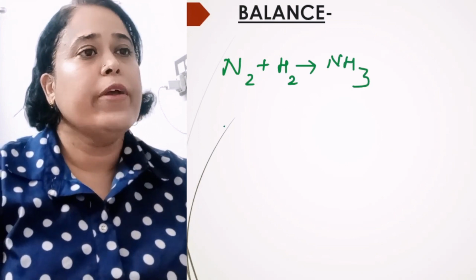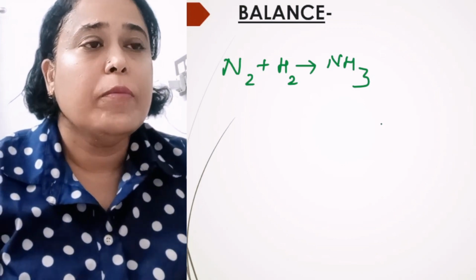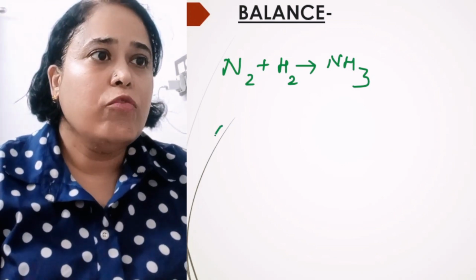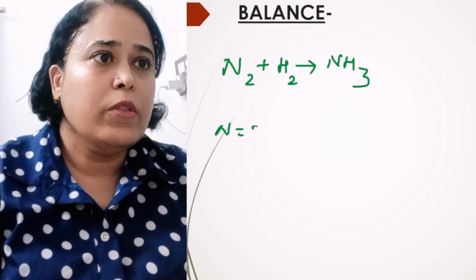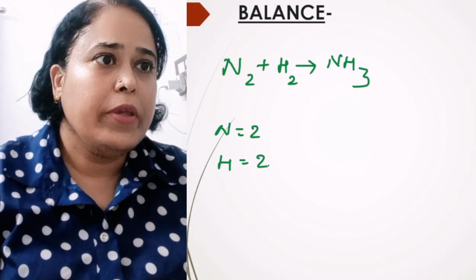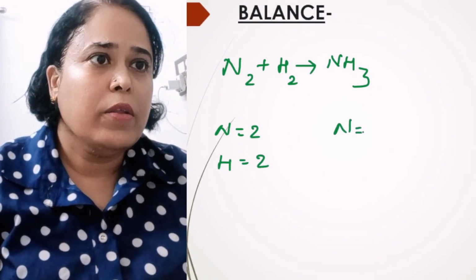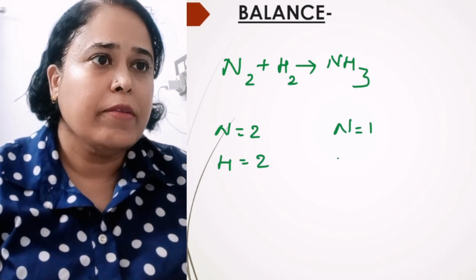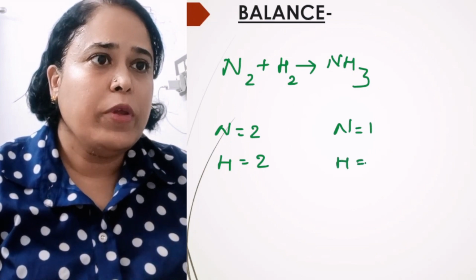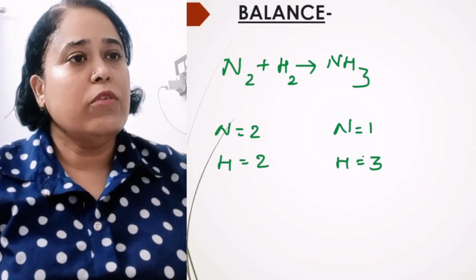Count the number of nitrogen and hydrogen atoms on the reactant side and the product side. Nitrogen is 2 on the reactant side. Hydrogen is 2 on the reactant side. Nitrogen is 1 on the product side. Hydrogen is 3 on the product side. So how to balance this?